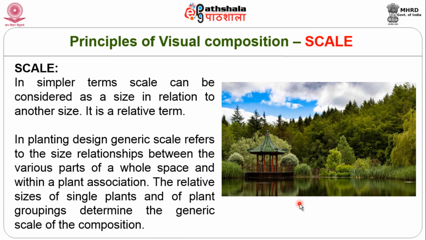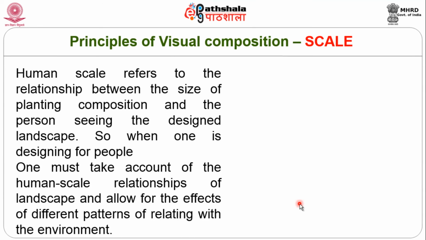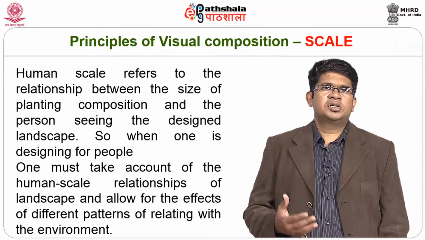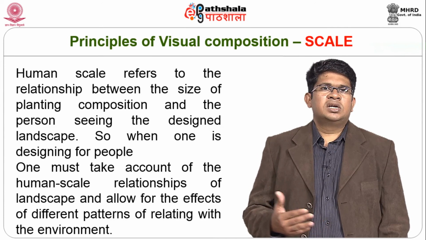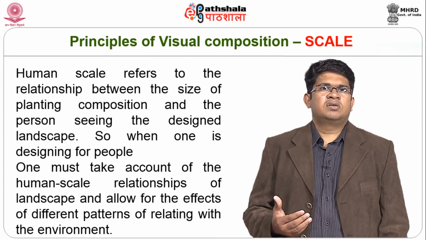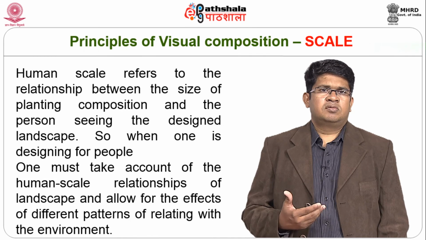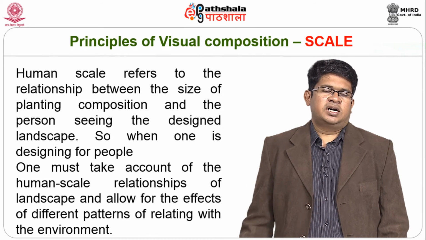So the relative size of single plants and of plant groupings determine the generic scale of the composition. What kind of plants do I use, what scale of plants, and how do I relate them? In the earlier picture, one could see a very gradual gradation of the scale of the plants from the lowest to the highest as such.